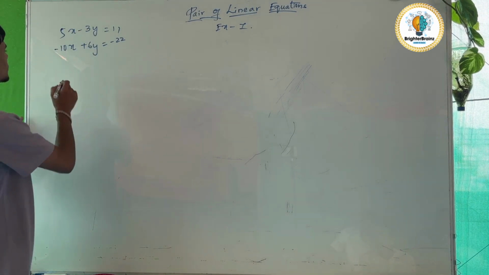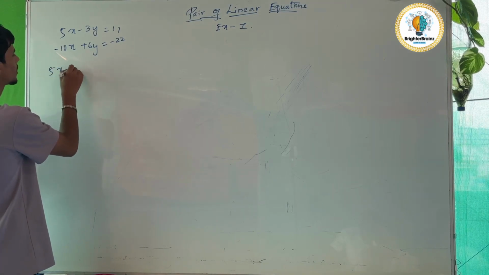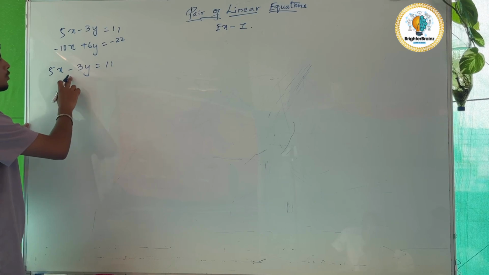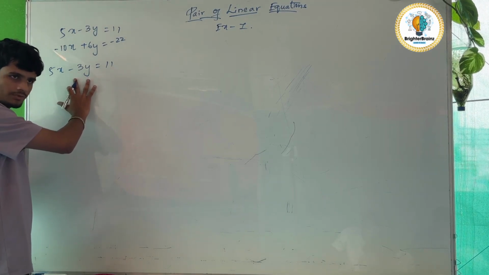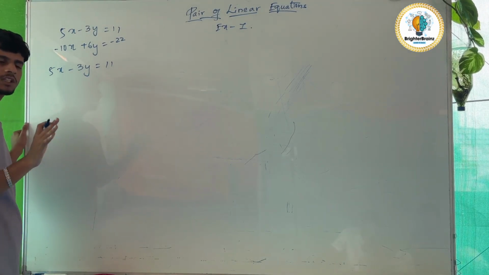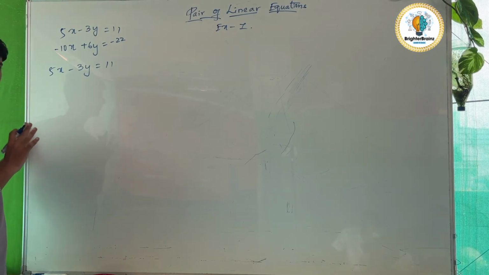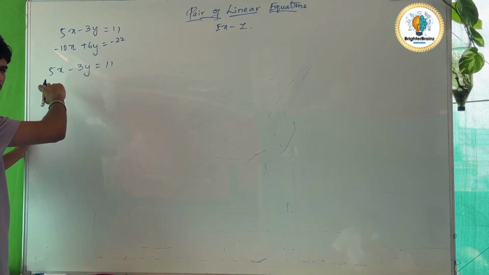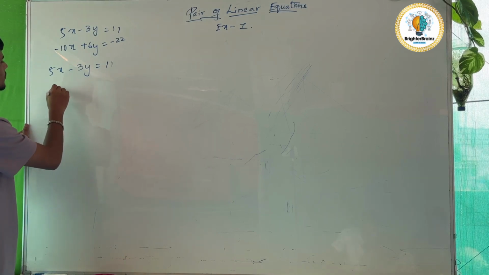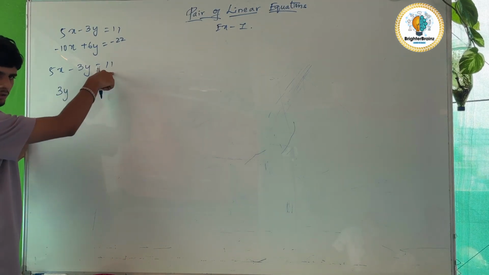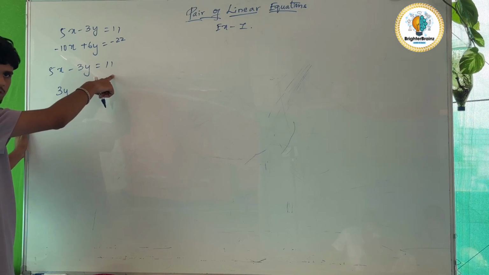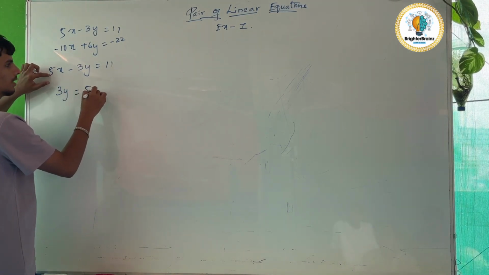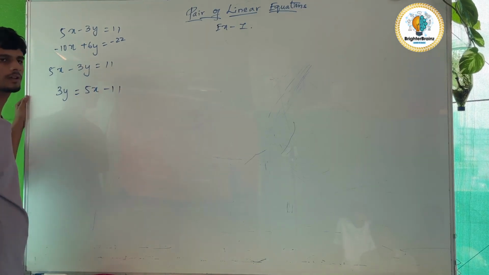First let us consider the first equation, that is 5x minus 3y is equal to 11. Here the y term is negative, but it should be positive because we need the y value. So let us transpose 3y to the other side and 11 to this side. Minus 3y becomes plus 3y, equal to 5x, and plus 11 on this side becomes minus 11.